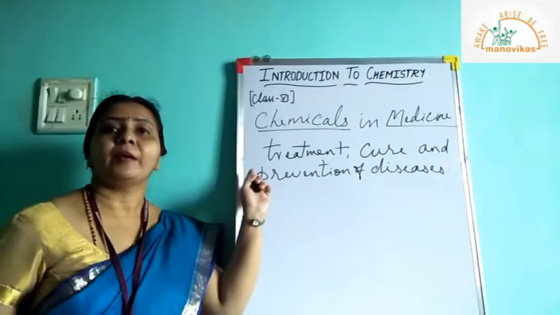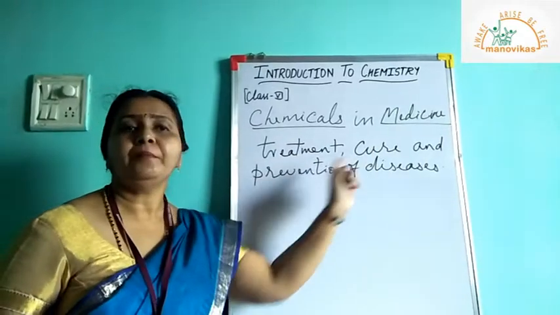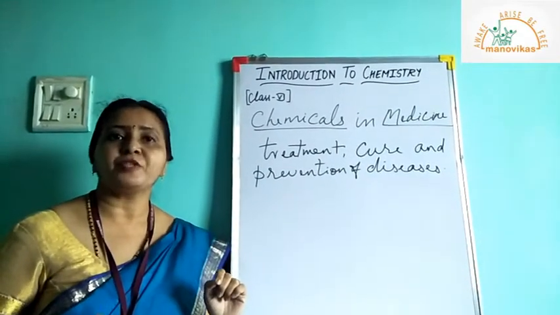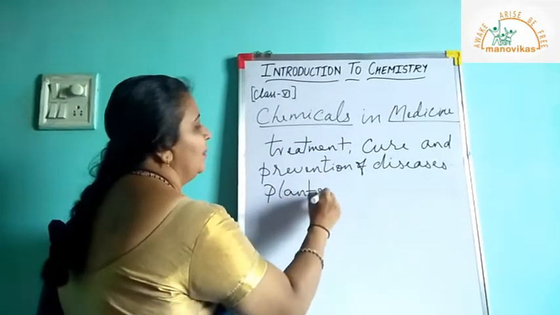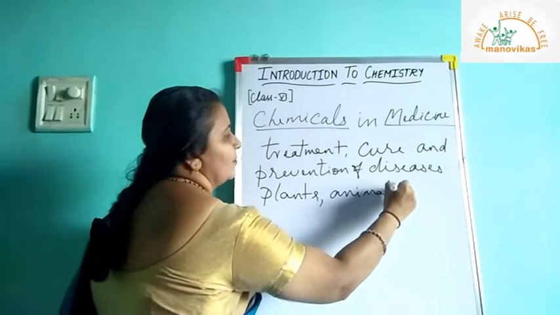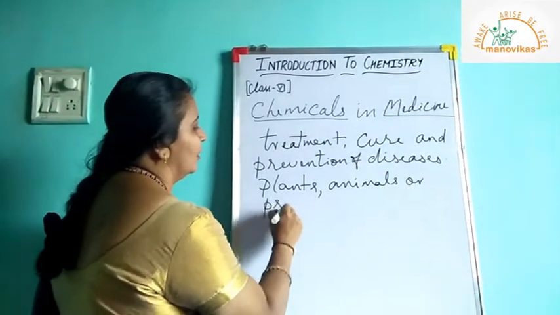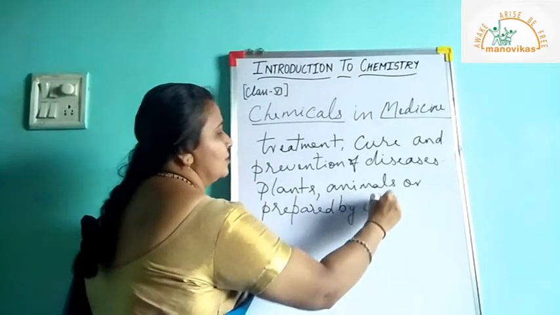Medicines can be obtained from plants, animals, or they can be prepared chemically by using chemicals.